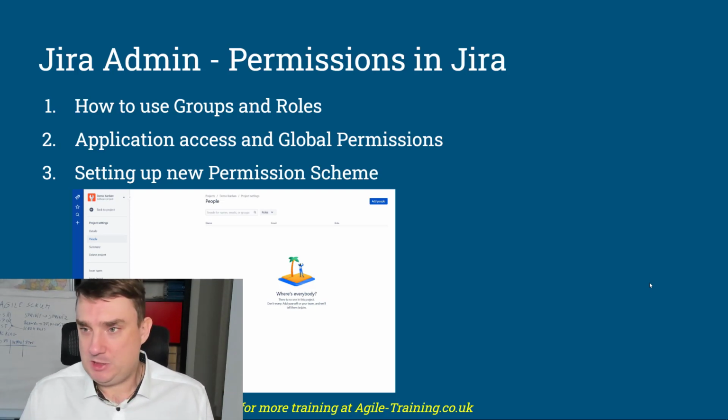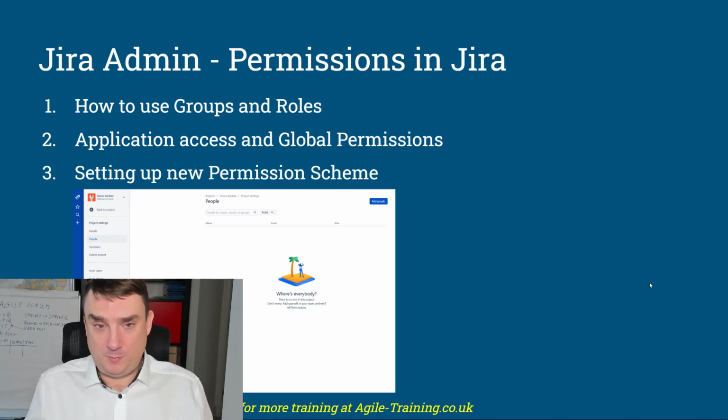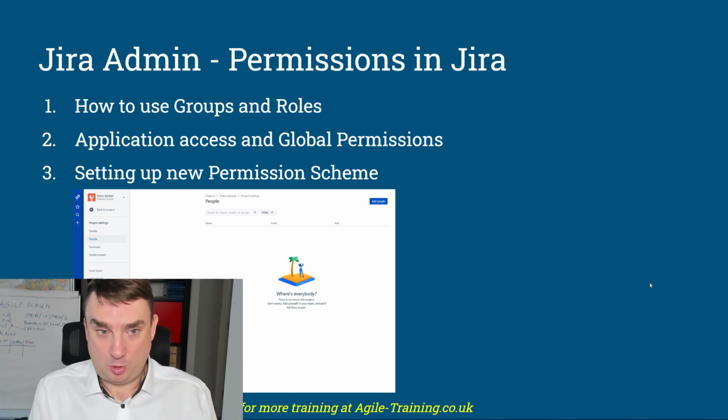Obviously, there's no wrong or right way, but very often you have to set a little bit of privacy. Some projects need to be limited for other users, and that's why we're going to use roles in this case. I'm not going to go into much detail about the difference between roles and groups, because historically Jira had only users and groups.